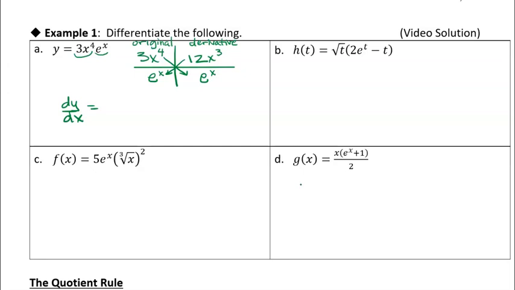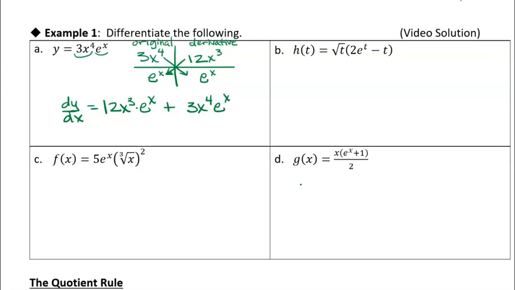Following this first arrow, I'm going to multiply these functions together and get 12x cubed times e to the x. Then I multiply the functions along the other arrow. I put a plus in the middle because the product rule has a plus in the middle. And so I get 3x to the fourth times e to the x.